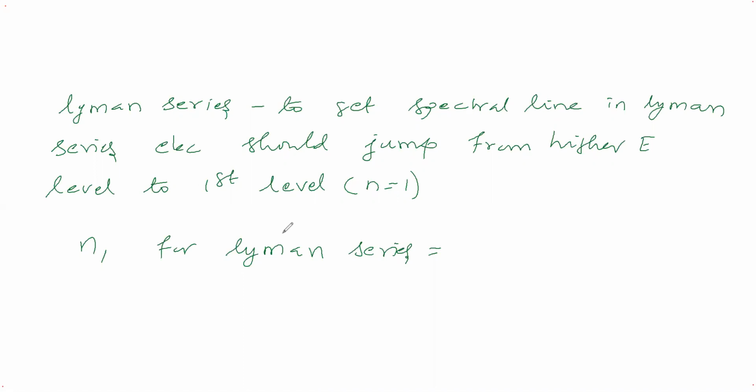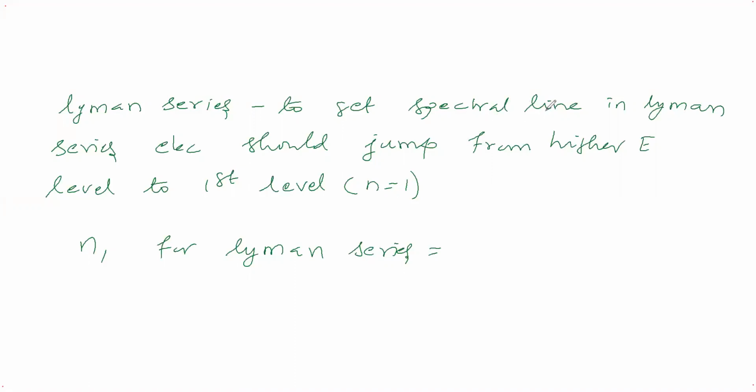These are the series present in the hydrogen spectrum. Lyman series means spectral lines present in the ultraviolet region of the hydrogen spectrum.